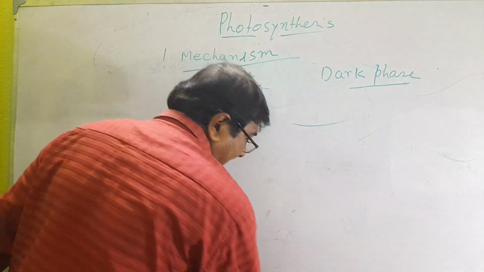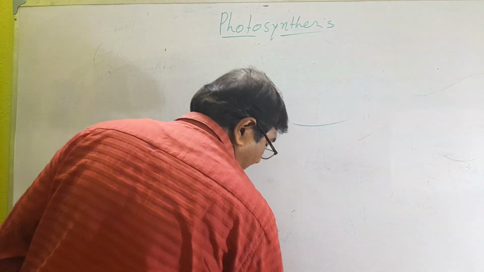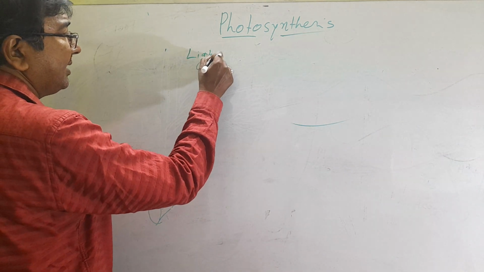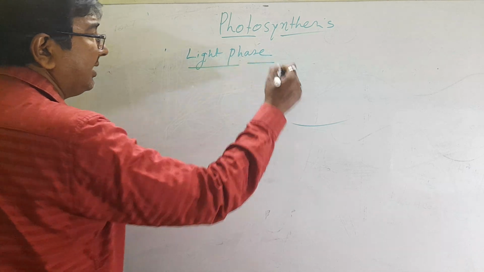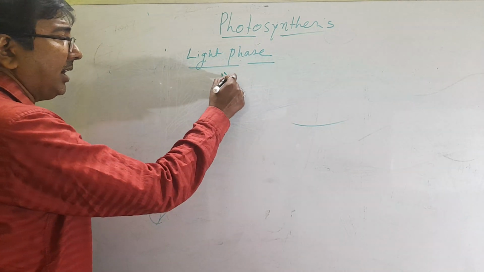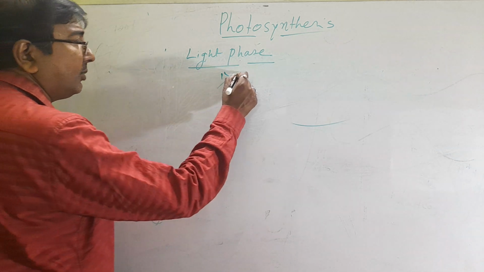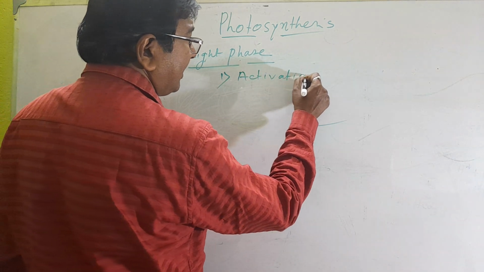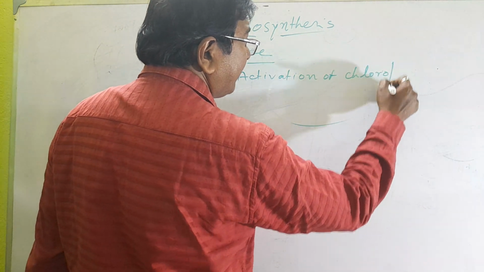Now I am discussing the light phase. What incidents occur in the light phase? Number 1, activation of chlorophyll.